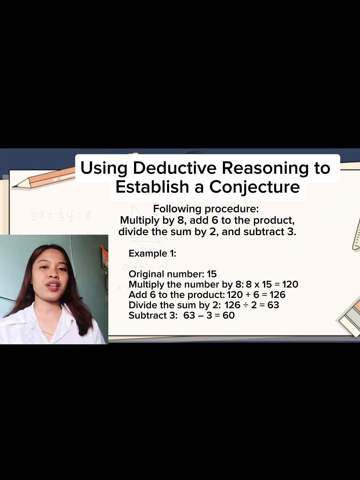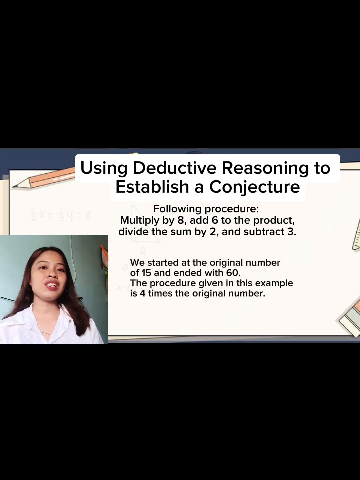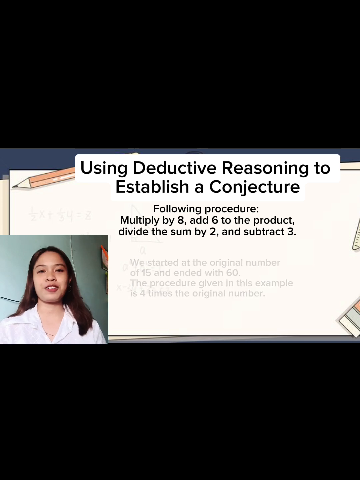Add 6 to the product, the sum is 126. Dividing the sum by 2, we have 63. And subtract 3, and the final answer is 60. We started at the original number of 15 and ended with 60. The procedure given in this example is 4 times the original number.